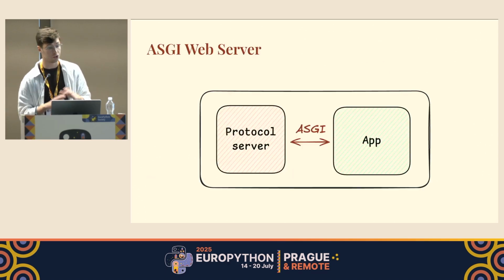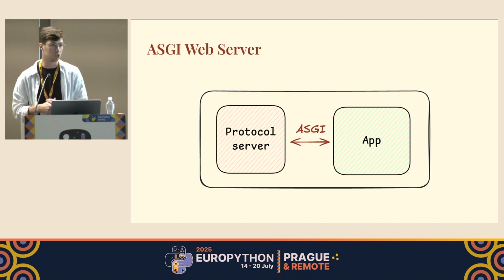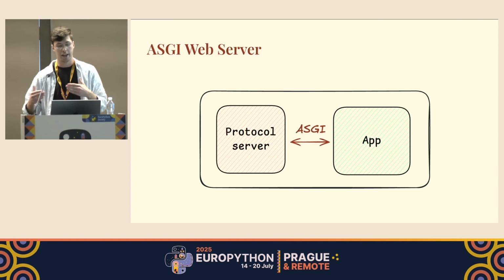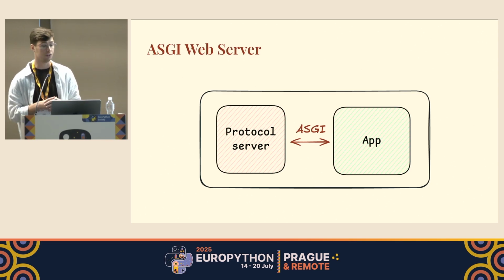ASGI introduces these two ideas: a protocol server, one part of our web server, and the application, which is the core logic. ASGI as an interface plays the role of a bridge between them, allowing them to communicate. We have quite some benefits here.